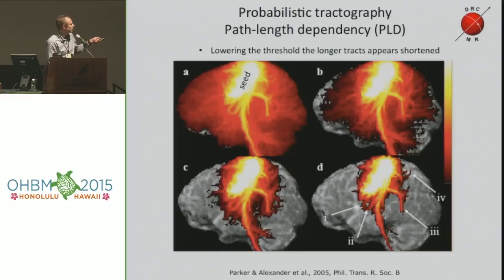So they have a huge seed region up in motor cortex, and then you can see the probabilistic index in the different parts. When you start thresholding your probabilistic index, you can see that when you increase the threshold, you start to lose some of the longer tracks, and you only get more contrast to the shorter tracks.